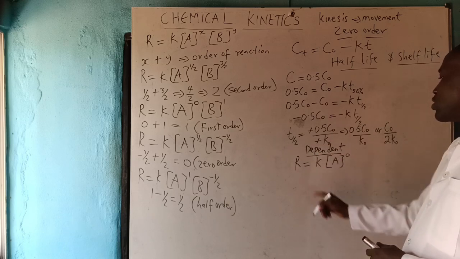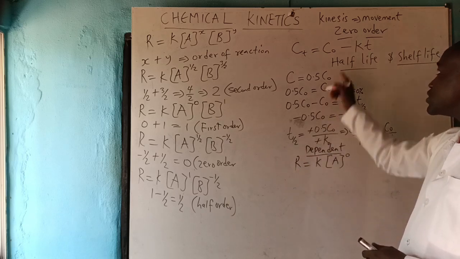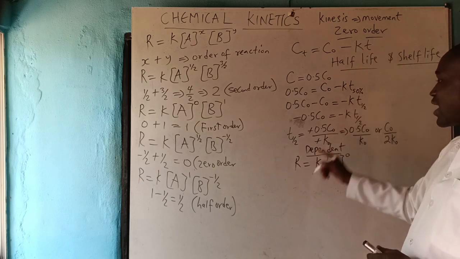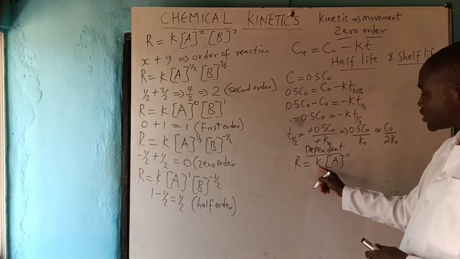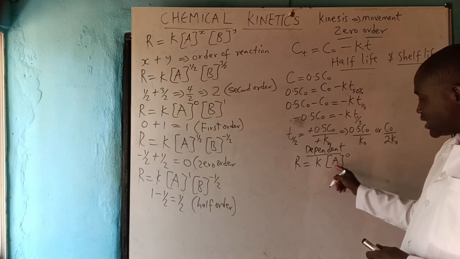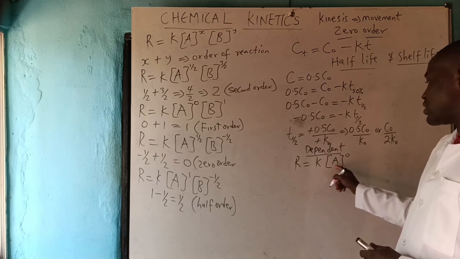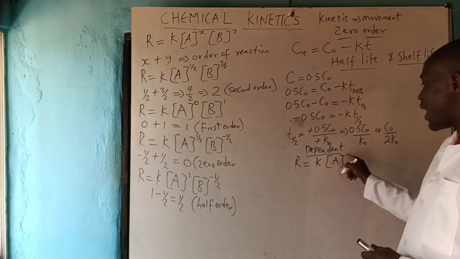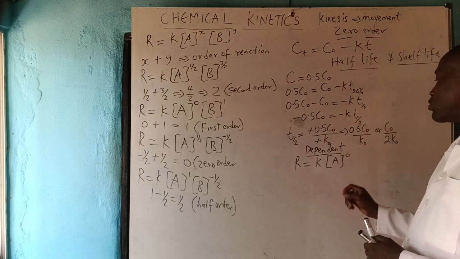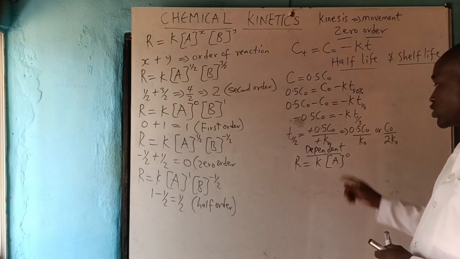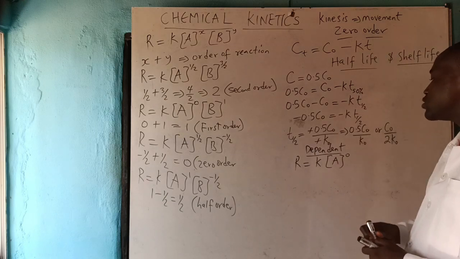That means in zero order reaction, the rate of each reaction is equal to the rate constant, the reactants or any of the reactants raised to power of 0, where the 0 is the overall order of that reaction, which is 0 we are talking about.